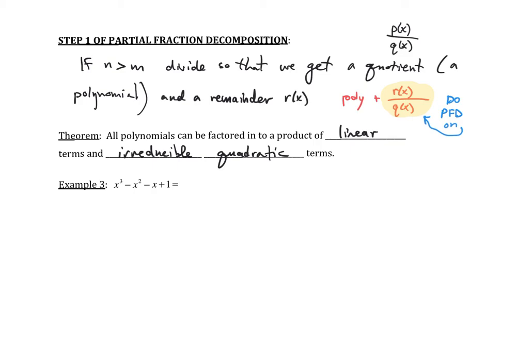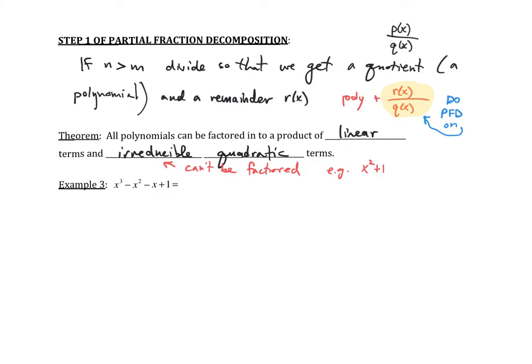This word irreducible means it can't be factored. For example, something like x squared plus 1. It's a quadratic polynomial because the degree is 2. You can't factor it. Let's take a look at an example. Let's look at example 3.